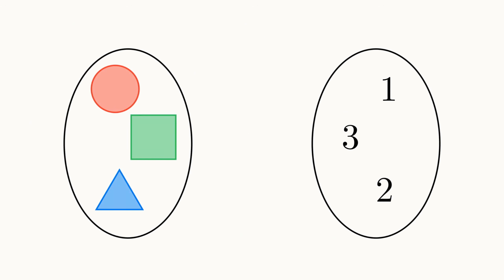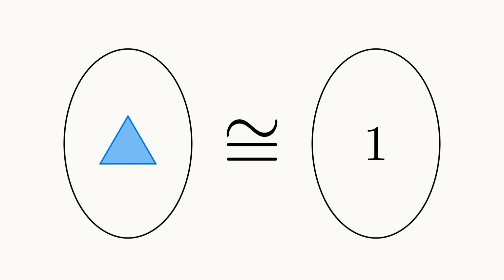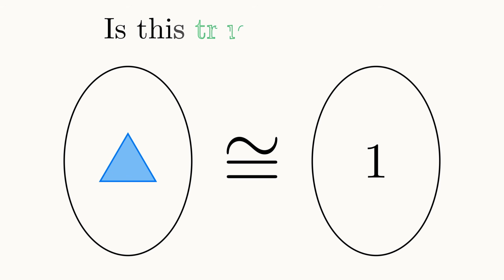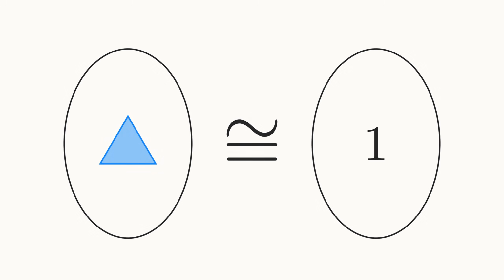Remember that two sets are isomorphic when they have exactly the same number of elements. So this means that all singleton sets are isomorphic to each other in the category Set, as they all contain one element. We can actually go a step further and prove that terminal objects are all isomorphic to each other in absolutely any category. To do this, take any two terminal objects A and B in an arbitrary category.